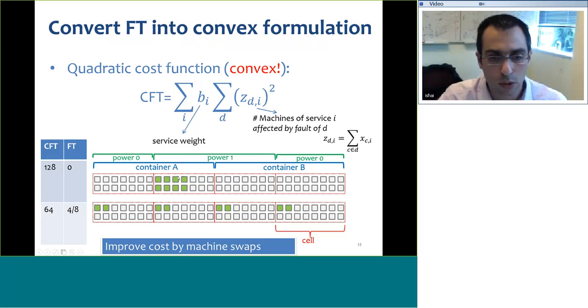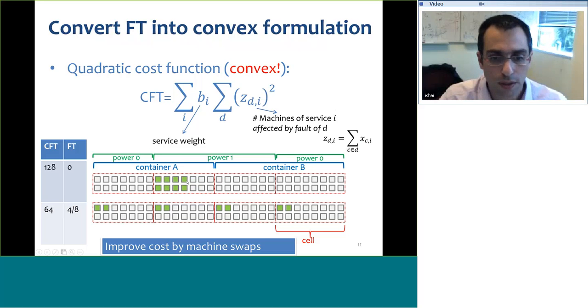So let's look at two configurations. So this is again our data center with power sources and containers. And in the first configuration, the upper configuration, all the 8 machines are allocated to this cell here. Okay, so the sum of squares here is large.